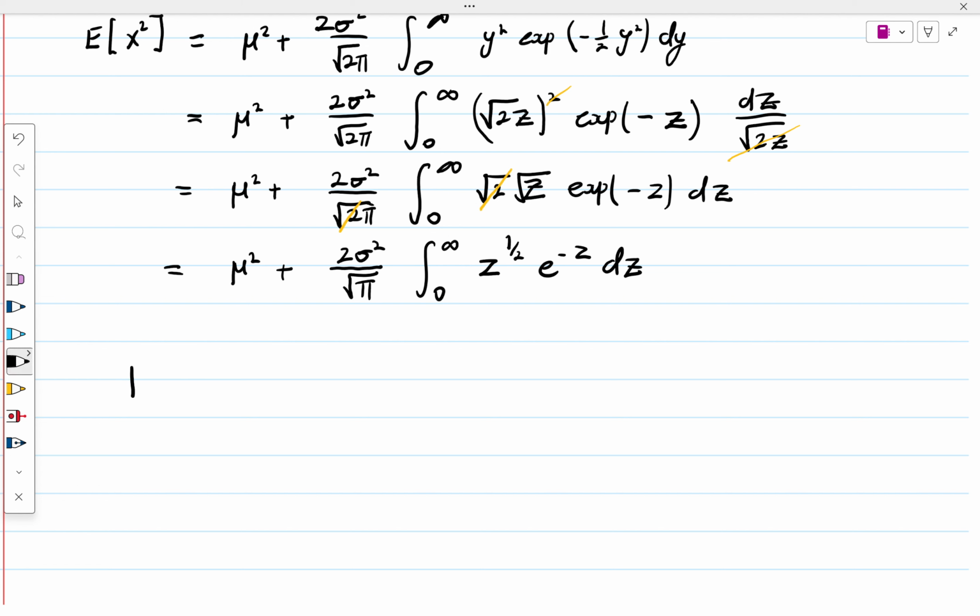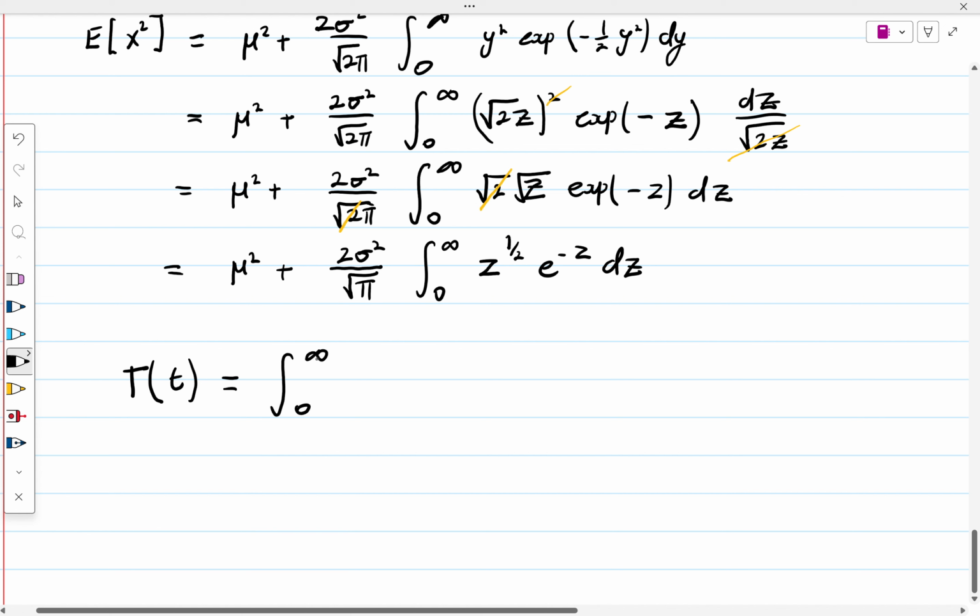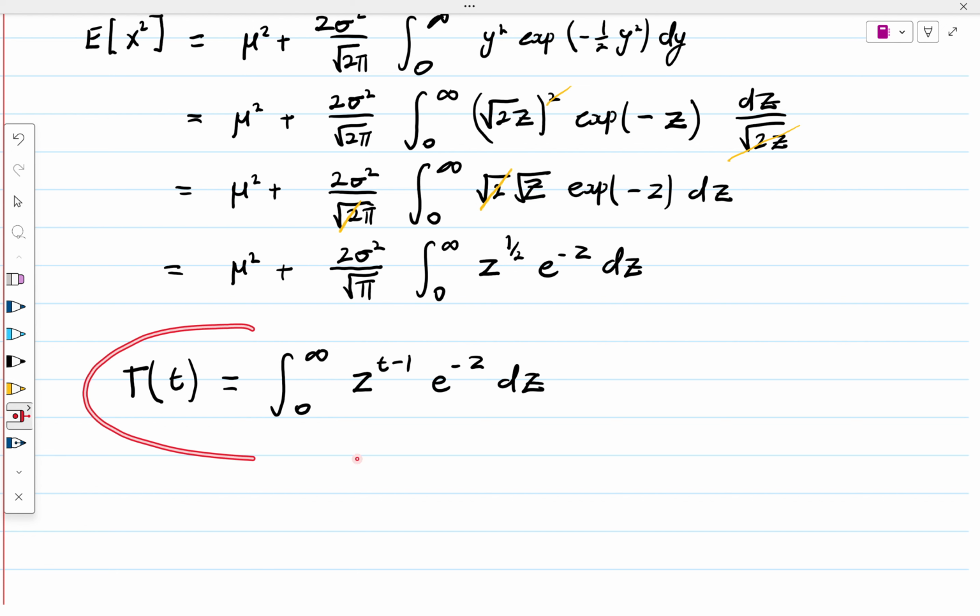The gamma function is defined to be the following. Gamma of t is equal to the integral from 0 to infinity of z to the t minus 1 e to the negative z dz. This is by definition the gamma function.